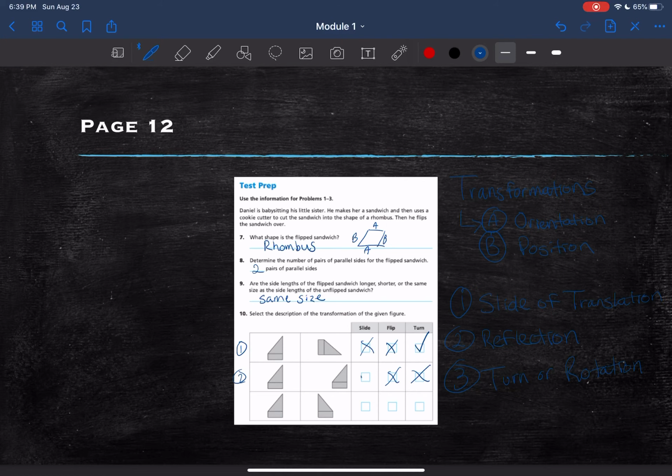It's got to be a slide. And then for our last one, the orientation changed, so we know it's not a slide. It doesn't look like it just turned, so it's got to be a flip. It's a mirror image of itself, and this one was specifically translated across a vertical or the y-axis.